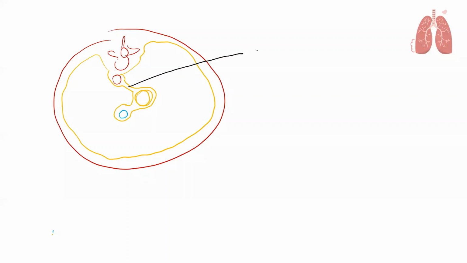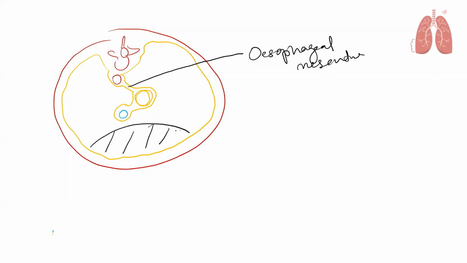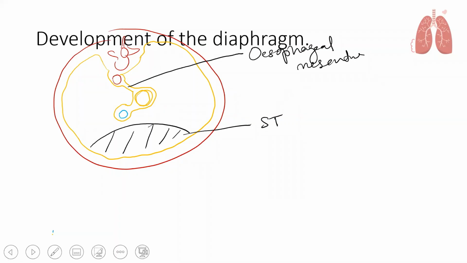So here you have the esophageal mesentery, and at the anterior side you saw the septum transversum. So initially the thorax and the abdominal cavity are continuous. These are called the pericardio-peritoneal canals, right? So this is the coelomic cavity, right?